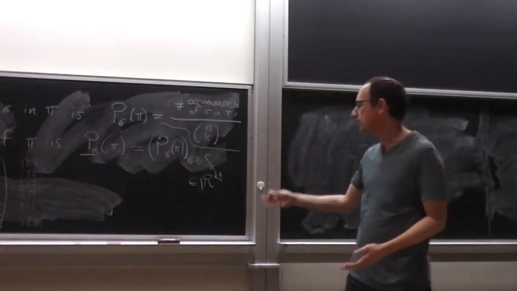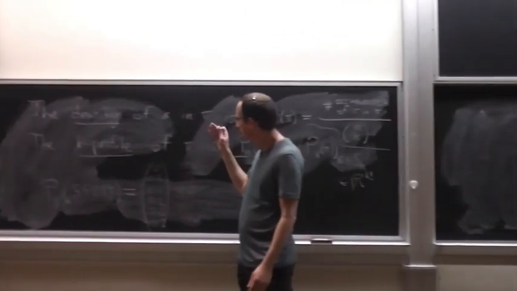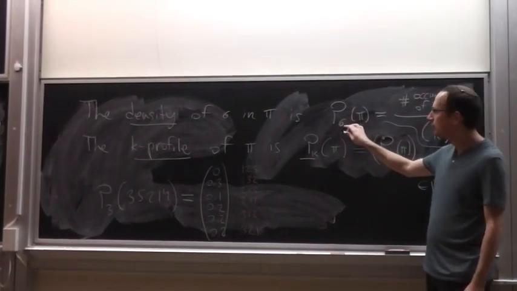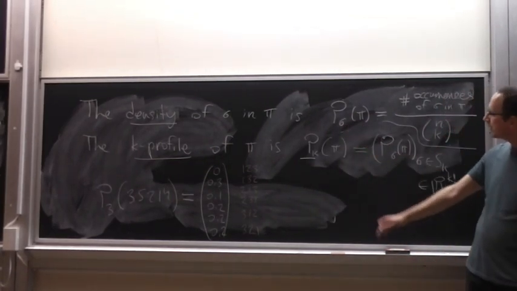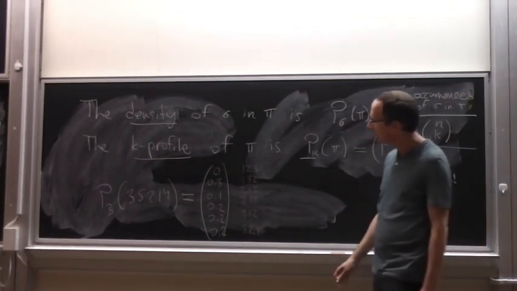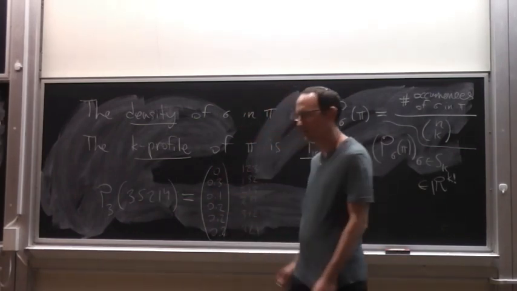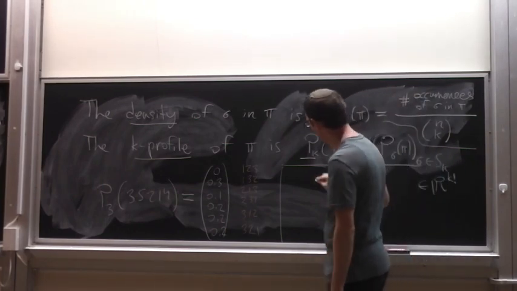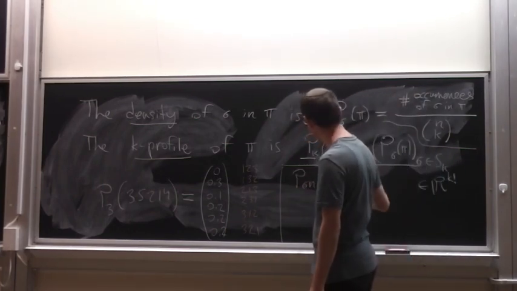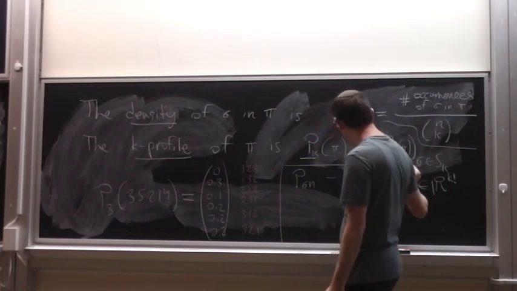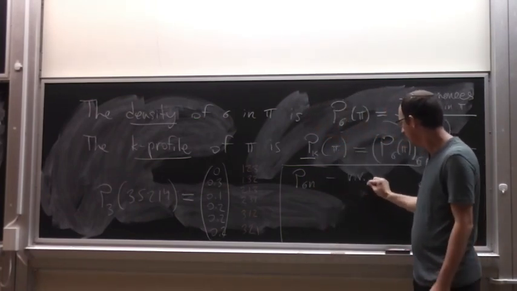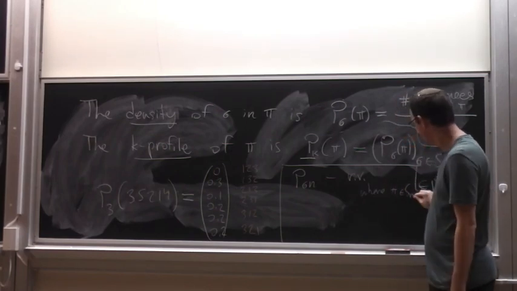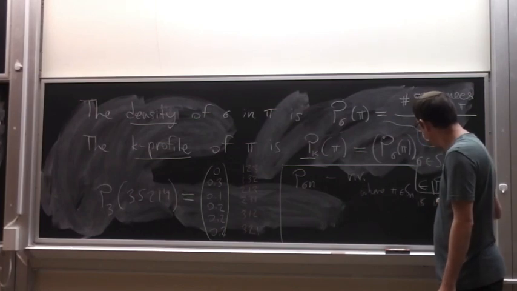Take a random permutation. What is the distribution of this vector? So each density becomes a random variable for a random permutation, if pi is random, and the profile becomes a random vector. So let me give them names. P sigma n is a random variable where pi from Sn is uniform.